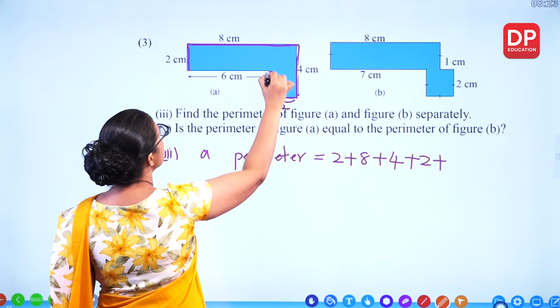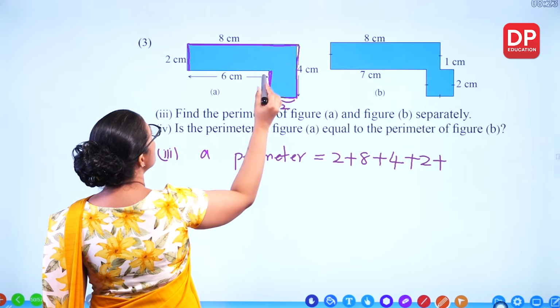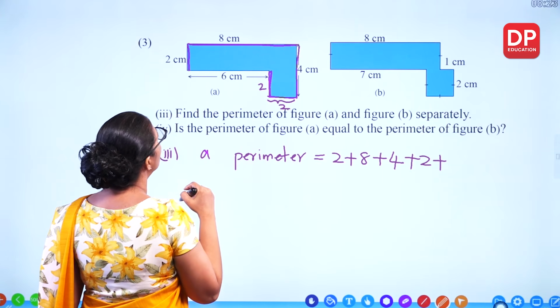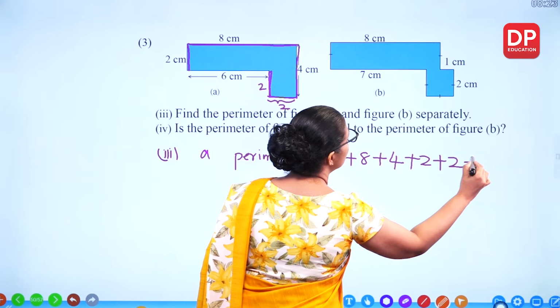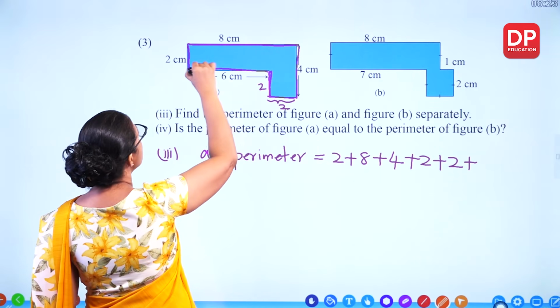What is this length? 4 minus 2, that becomes 2. And 6.